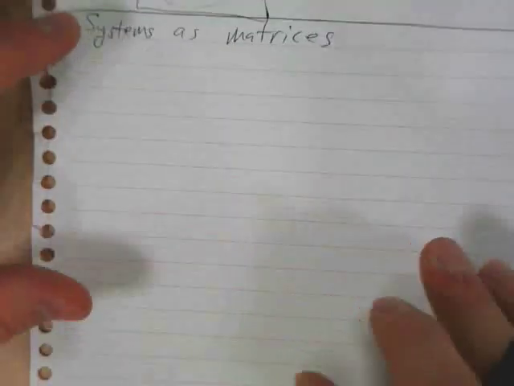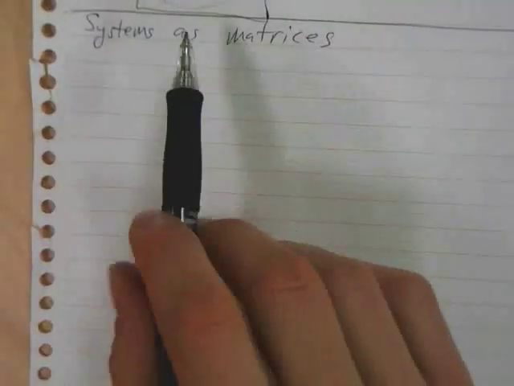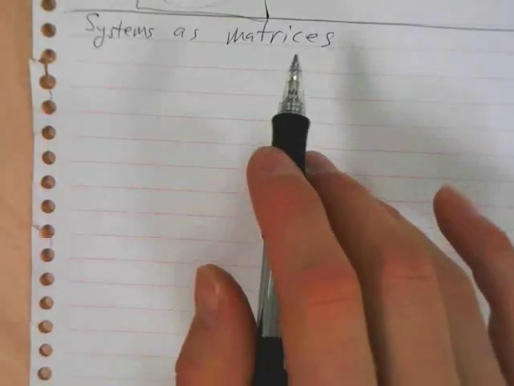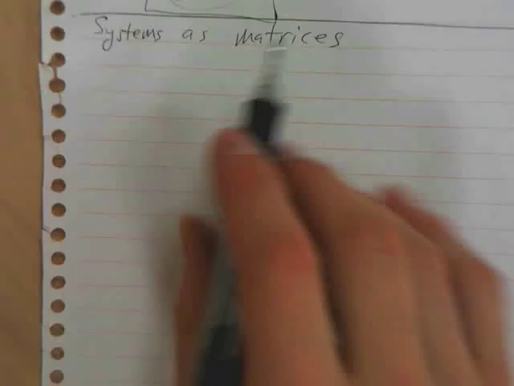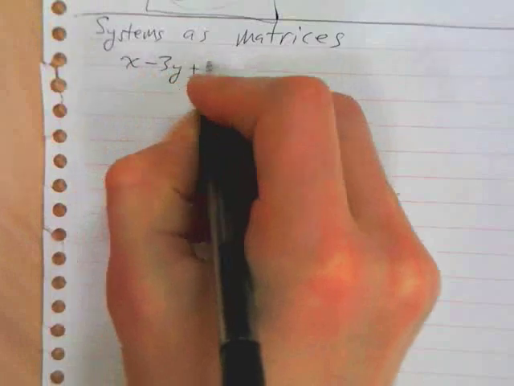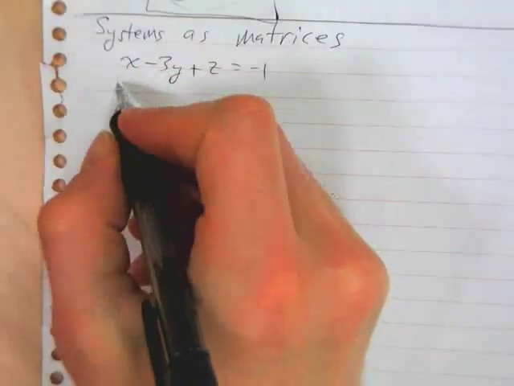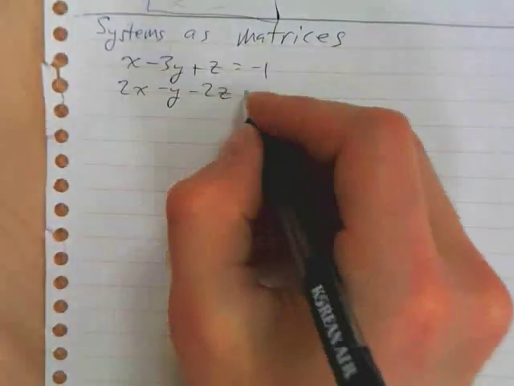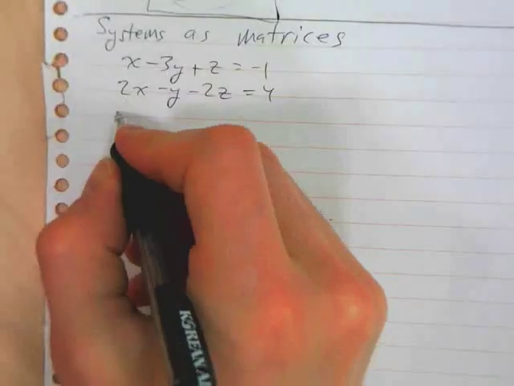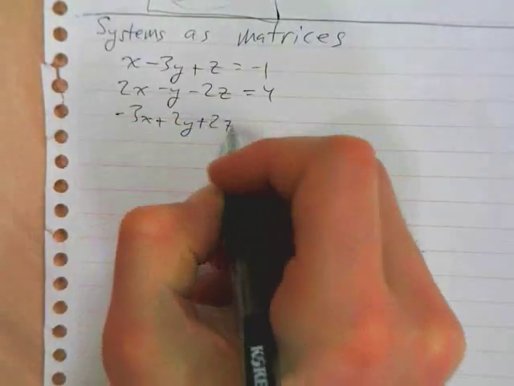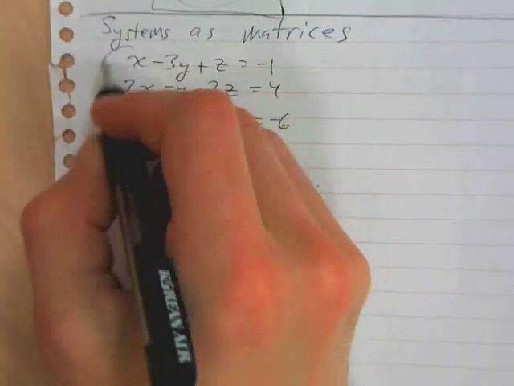I mentioned toward the beginning that we can represent our systems of equations as matrices. So let's say we had the system x minus 3y plus z equals negative 1, 2x minus y minus 2z equals 4, and negative 3x plus 2y plus 2z equals negative 6.